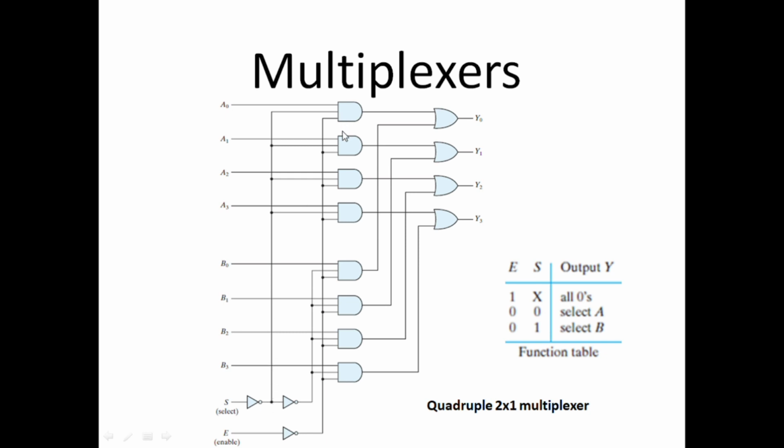So the upper part is selected, the upper group of AND gates is selected, and the upper group of inputs, which is A, is connected to the output Y. Select A at the output Y. So when E is 0 and the select line is changed to 1, S is 1, we get 0 here, the upper part is disabled, and the lower part is enabled. So we get B at Y. So select B at Y. So that is the function table of this multiplexer, and this multiplexer is called a quadruple 2x1 multiplexer.